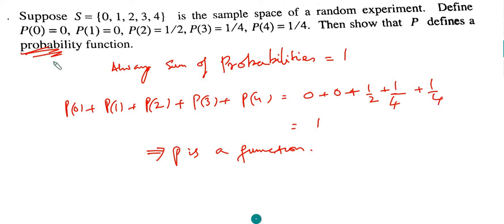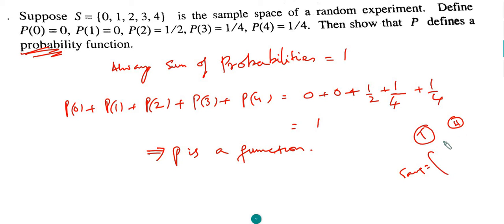For example, suppose I take a coin, it will be tail or H. What is the sample space here?